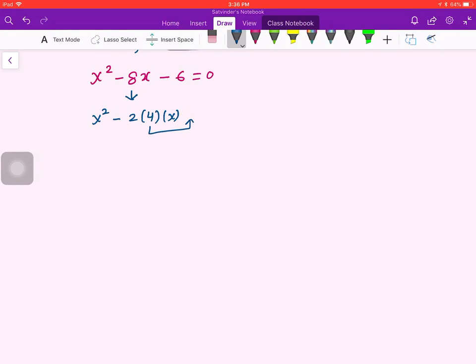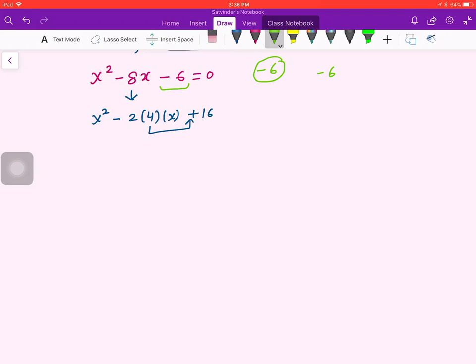Now 4 square is 16. So I should have plus 16 here, but in my original case I have negative 6. Now there are different ways of writing negative 6, so I want to use plus 16. So minus 6 and plus 16, how can we get that number? That's quite easy, no need to worry.